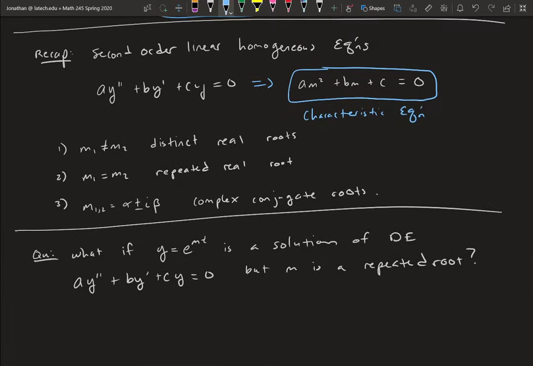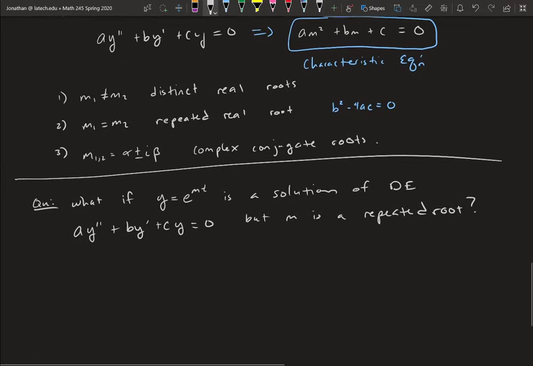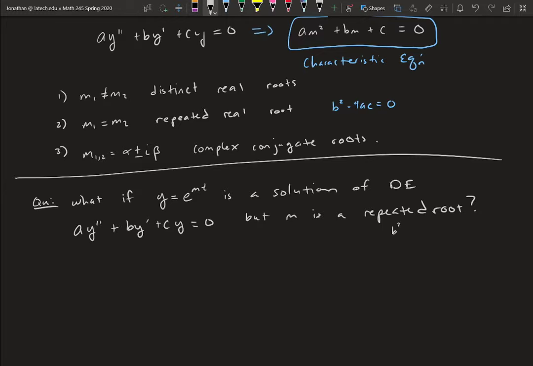Well, what do we know in this case where it's a repeated root? Last time I told you that this was when b squared minus 4ac equals 0. So the discriminant under the radical is 0. If we have a repeated root, that means b squared minus 4ac equals 0.